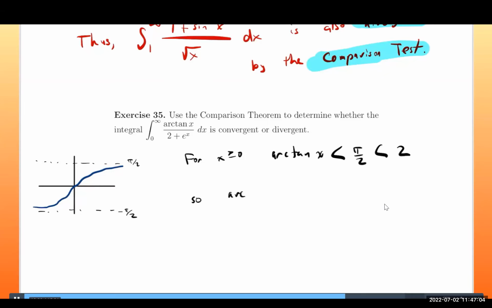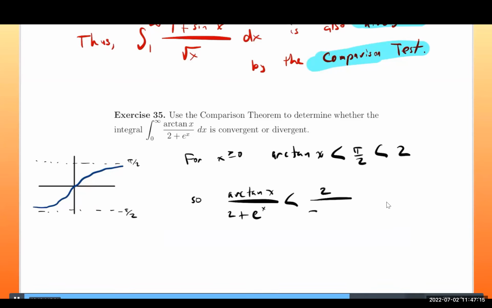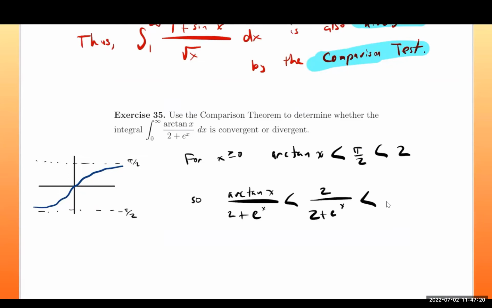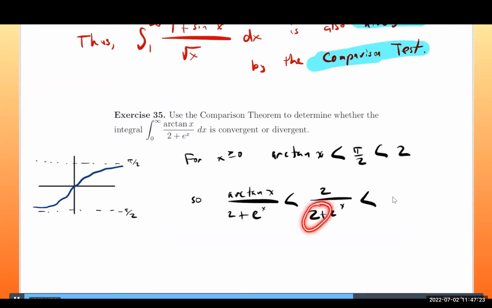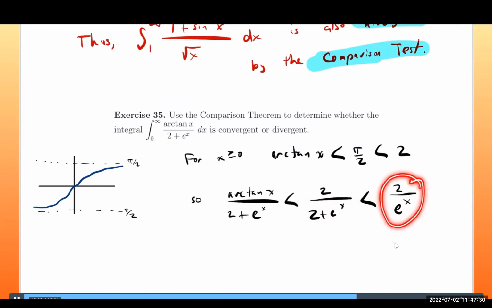And so what that means is that we can say this: arctan of x over 2 plus e to the x is going to be less than 2 over 2 plus e to the x. Because if the denominator is bigger, that means overall this fraction will be smaller than this fraction. So when you add 2 to the denominator, it makes the overall fraction smaller, so this is bigger than this.